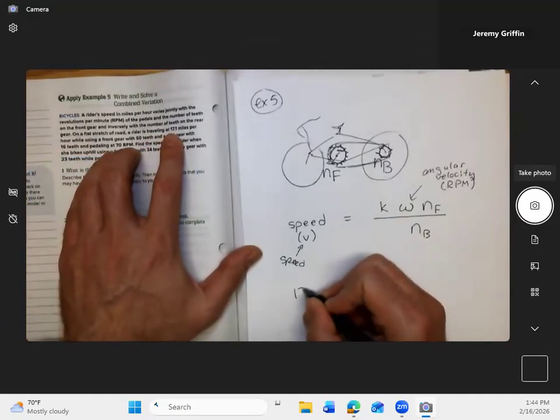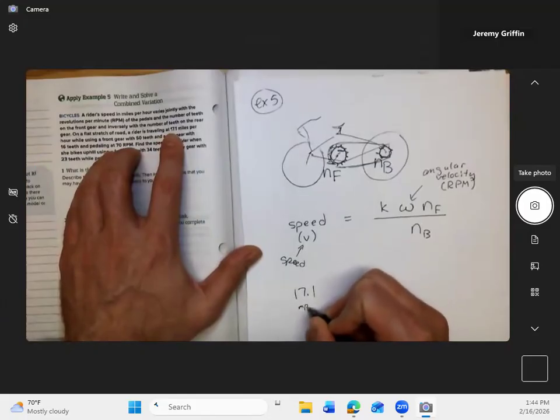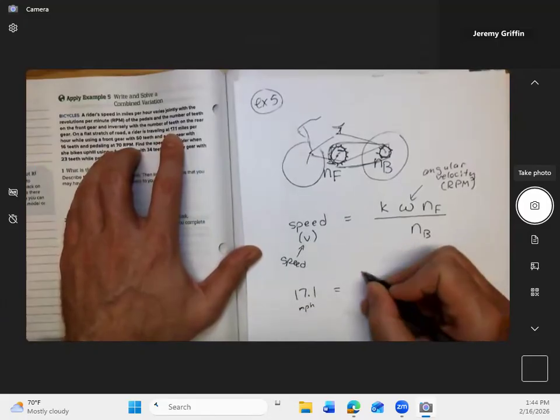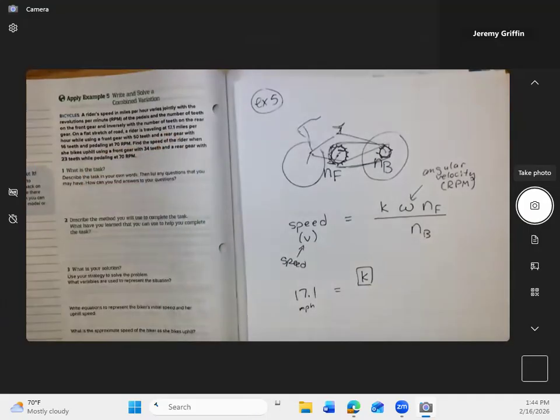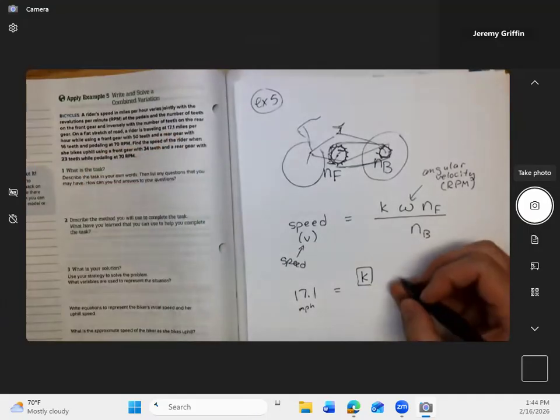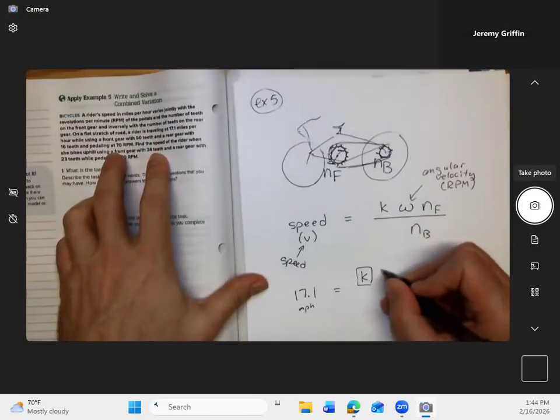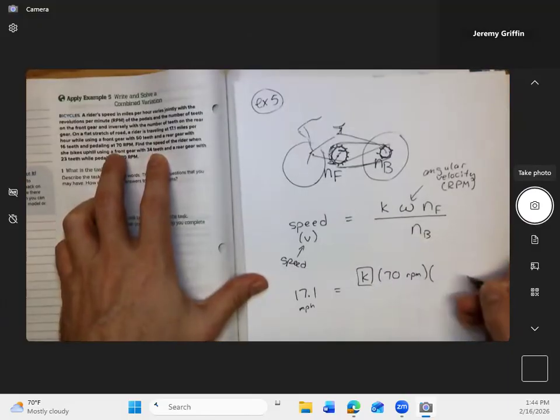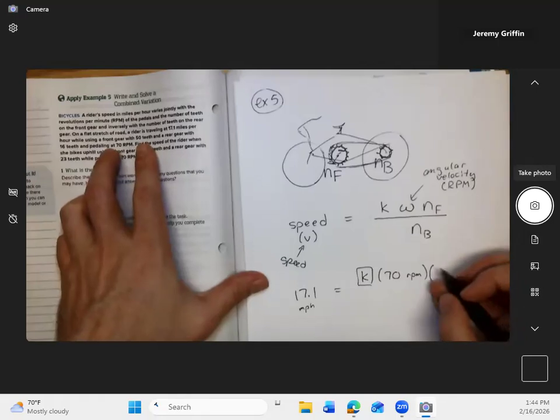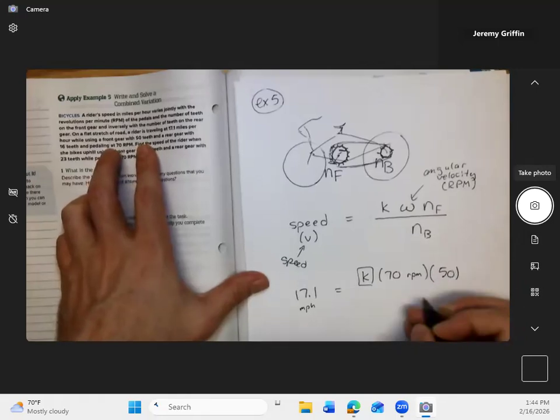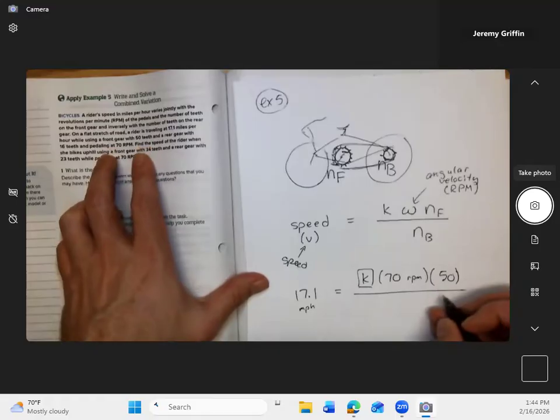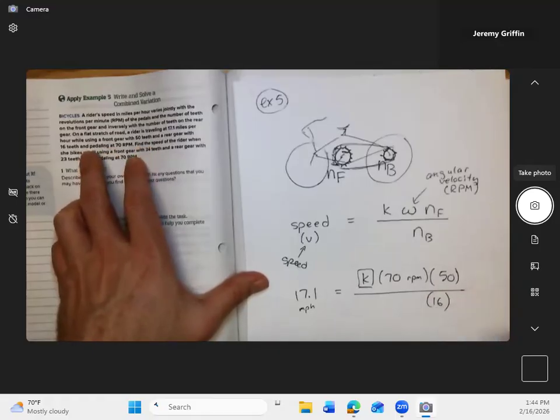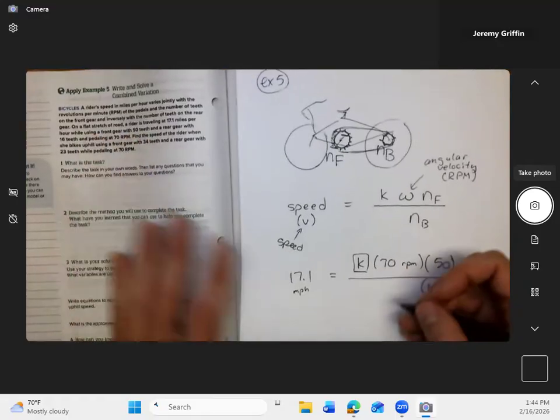So let's call it 17.1 miles per hour equals K times 70 revolutions per minute, the number of teeth on the front is 50, the number of teeth on the back is 16. Now we can solve for K.